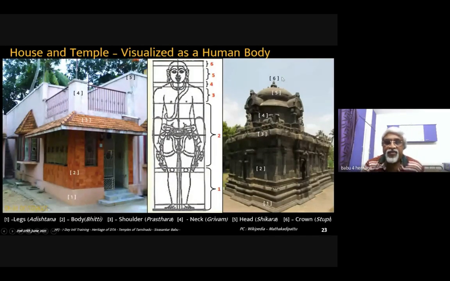This is an easy way, and these are the default six parts of any Dravida temple. It is called a Shadanga temple, a six-part temple. These six parts are the primary components you need to understand and keep in mind.